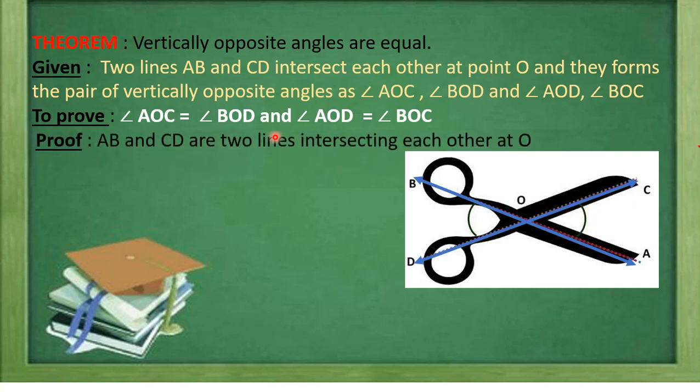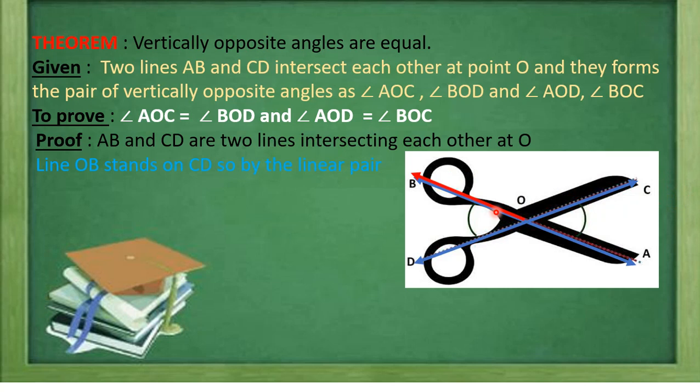So here for the proof, as we know that AB and CD are two lines intersecting each other at point O. Here the line OB stands on CD, and we know that when on a line another ray stands on it, it makes adjacent angles.